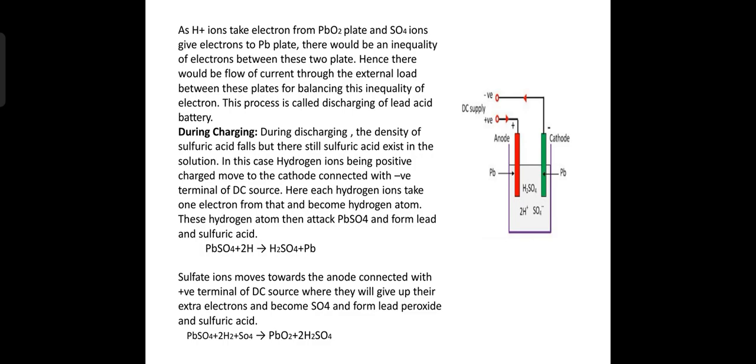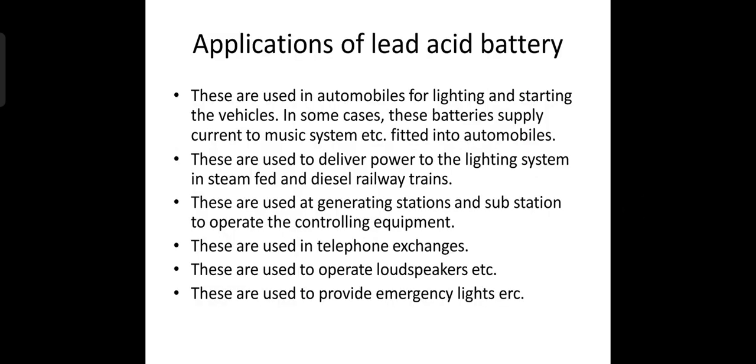This is the reaction of charging. Sulfate ions move towards the anode connected with the positive terminal of the DC source, where they give up their extra electrons, become SO4, and form lead peroxide and sulfuric acid. The reaction is PbSO4 plus 2H2O plus SO4 gives PbO2 plus 2H2SO4.